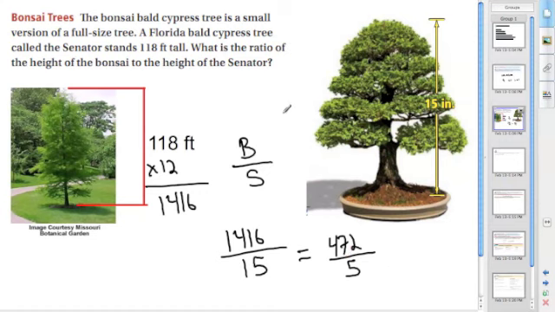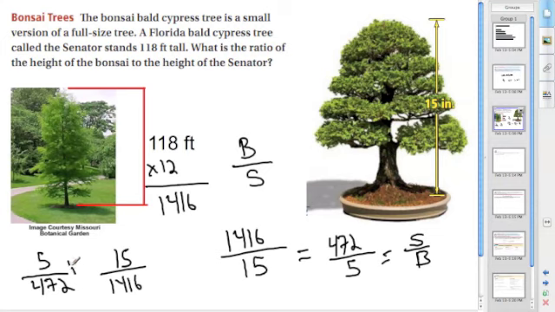So I actually did this one as the senator to the bonsai. I want to reverse it, so it's 15 over 1416. Which is just basically saying it's 5 over 472. And remember, this is in inches.